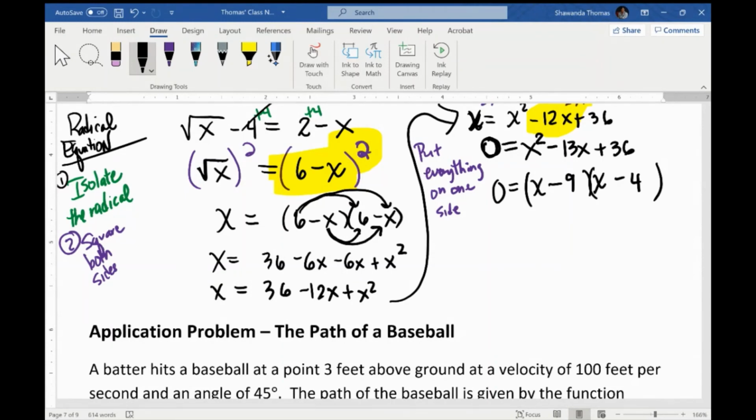Now, you probably already guessed it. We set each factor to 0 and solve for x. So x equals 9 or x equals 4. You would think we were done, but we're not.